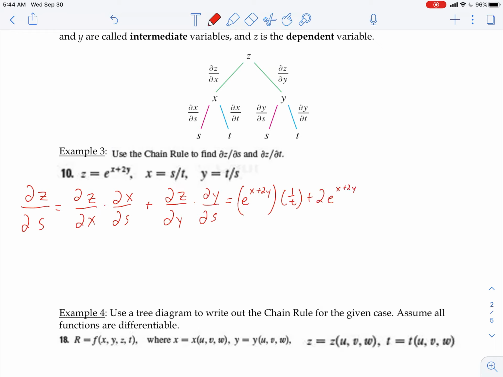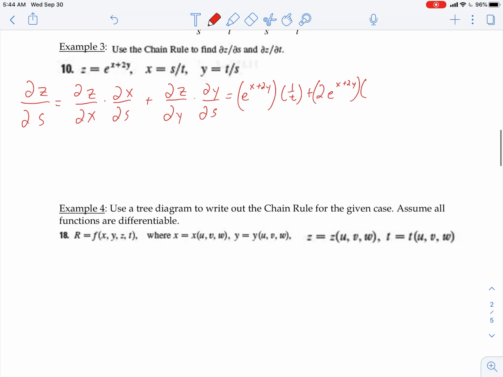This is going to be 2e to the x plus 2y, times the derivative of s with respect to t over s. So that's just going to give us negative t s to the negative 2 power.